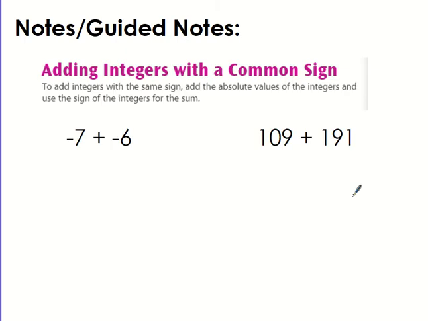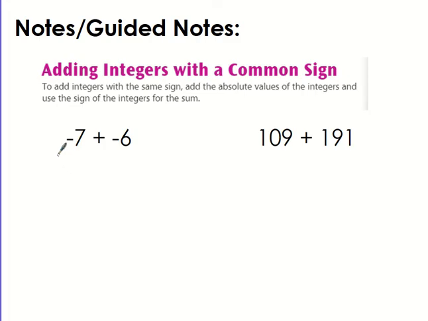The rule is: to add integers with the same sign, you add the absolute values of the integers and you use the sign of the integers for the sum. And remember, sum means adding. So it also means add the integers, keep the sign.